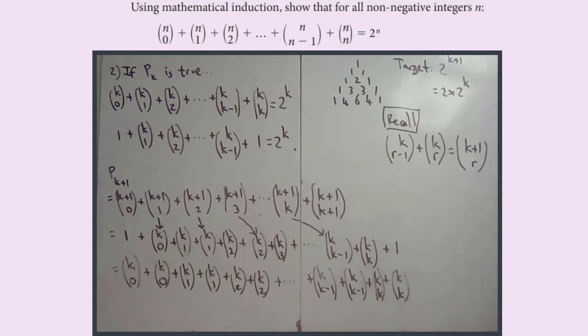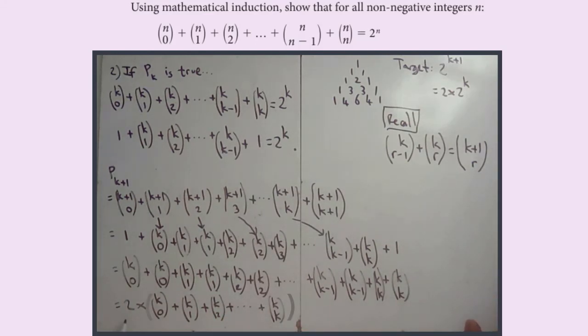Now hopefully you can see that we have 2 of everything, so I can say 2 times kC0 plus kC1 plus kC2 plus dot dot dot all the way up to kCk. So now that is quite good, isn't it?